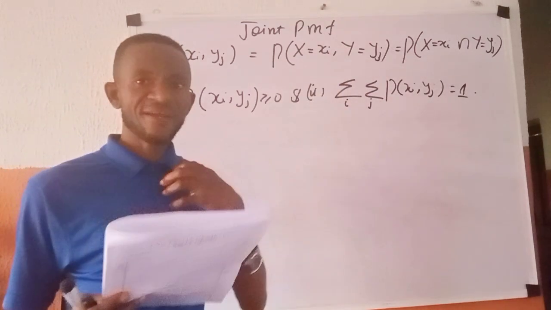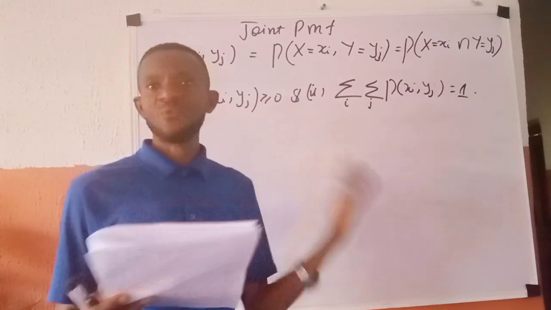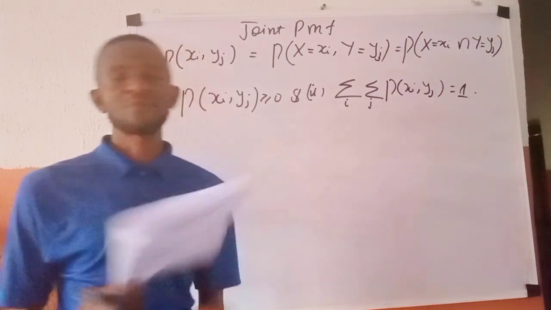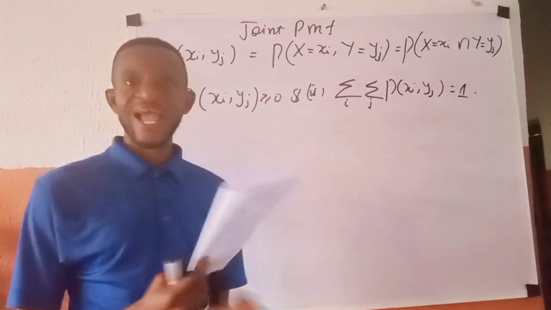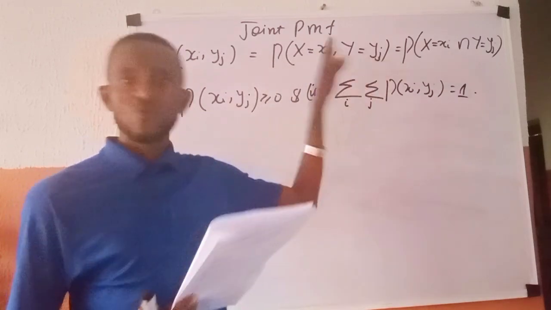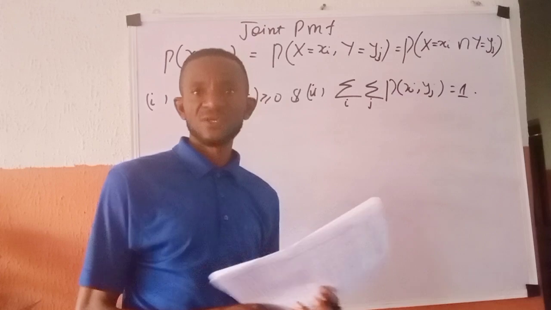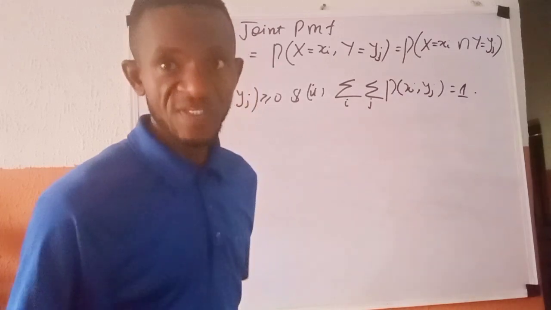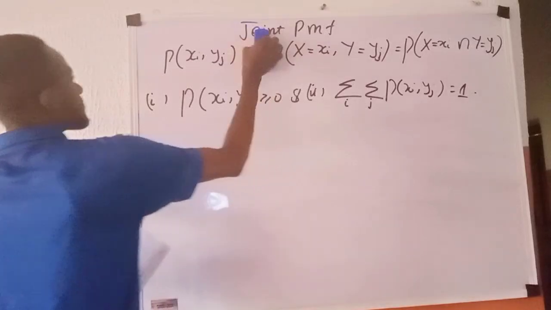With that in mind, getting the marginal distribution of x and y might not be too much of a problem to us, or might not pose much confusion as it should ordinarily. So permit me to clean here while we showcase what looks like the sample space of the two random variables x and y.